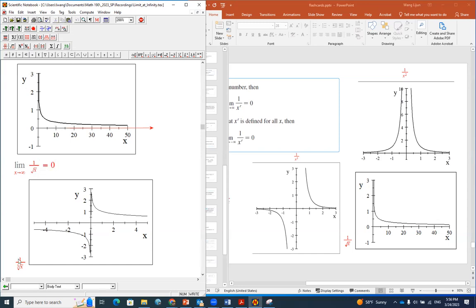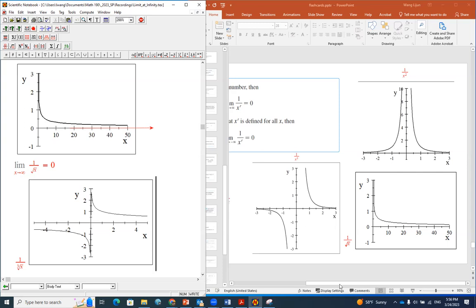The same goes for 1 over the cube root of x, though I didn't put the picture there. It's kind of similar to 1 over x raised to the power 3 in a way. They have the same domain and range.